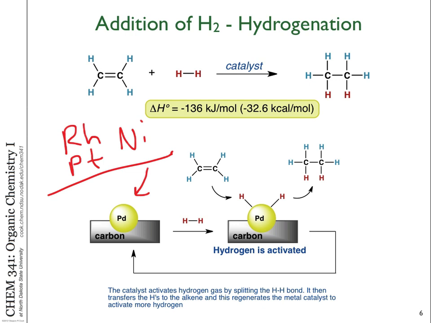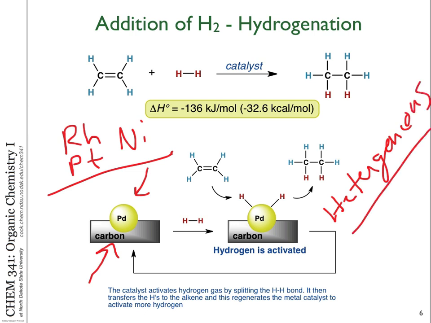Oftentimes those metals are in the zero oxidation state and supported on some kind of solid support; these catalysts don't dissolve into the reaction mixtures. So this is what we refer to as heterogeneous reaction mixtures. That is, they're more than one phase.